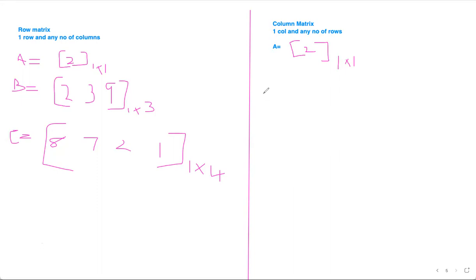Very good. B is equal to 2, 3, 9. C is equal to 8, 7, 2, 1.